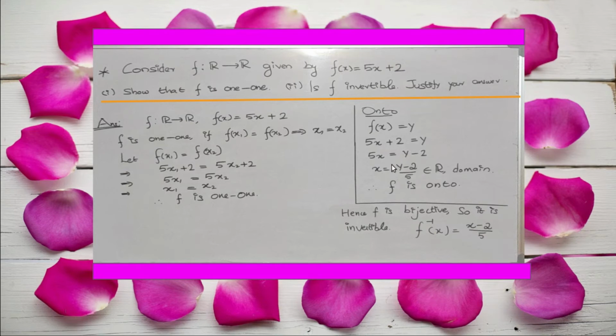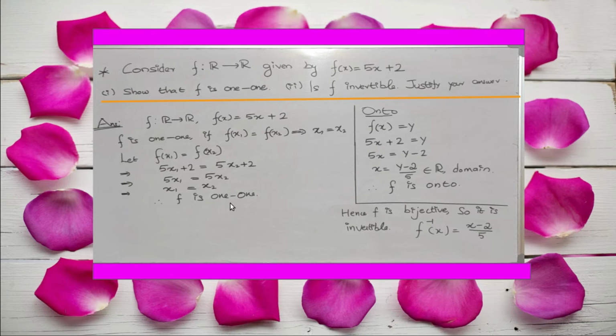For any real number y, y minus 2 by 5 is a real number. Take a real number y from the codomain, then that number minus 2 divided by 5 is also a real number, so this x belongs to the domain. That is, corresponding to any y in the codomain, we can find x in the domain such that f of x equal to y. So the function is onto.